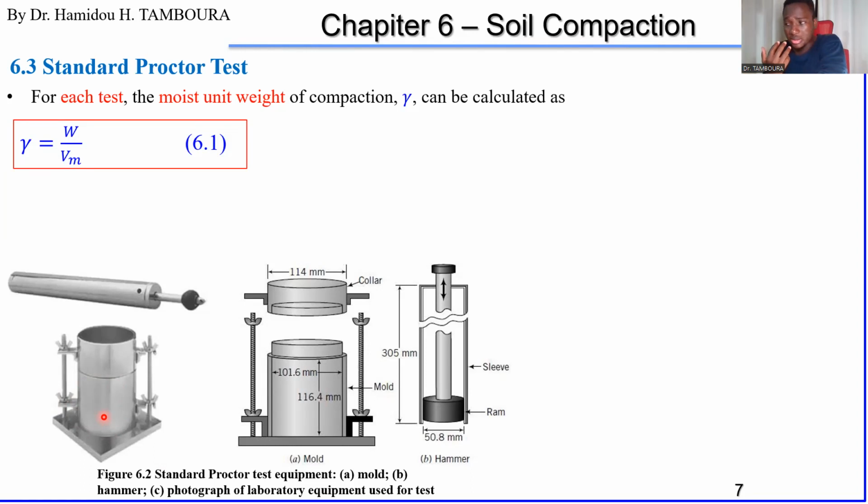And then you weigh also the mold full of soil. So the weight of full mold minus weight of empty one, you get the weight of your soil. Okay, and the volume is already given, 944 cubic centimeter, right?